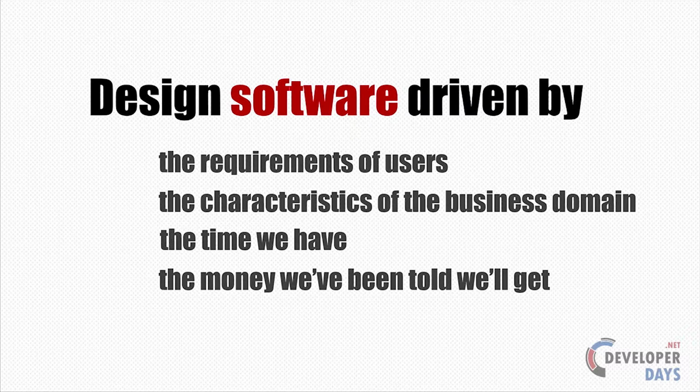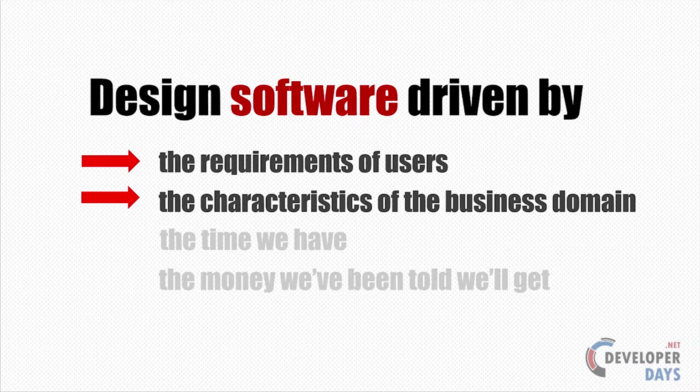The time we have and the money we've been told we'll get are other reasons that contribute to the actual design of the software we do. But the most important points are, of course, the first two.